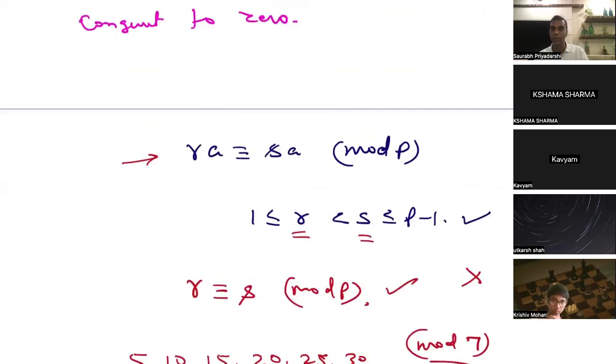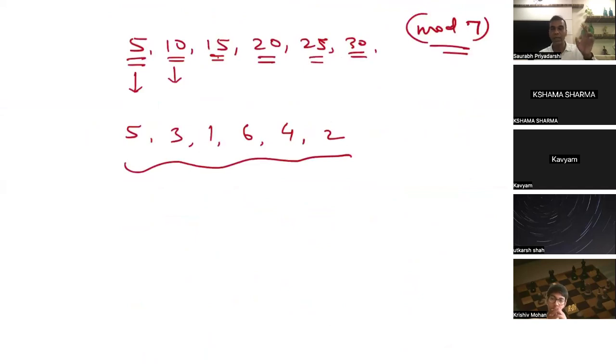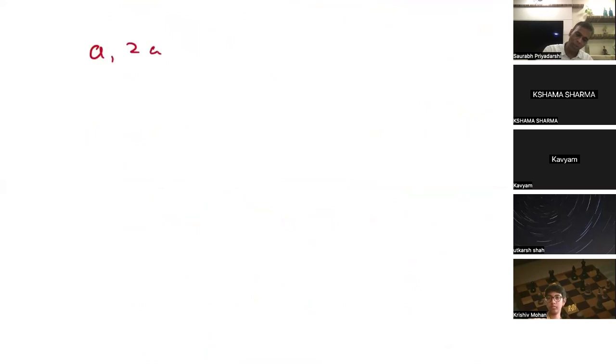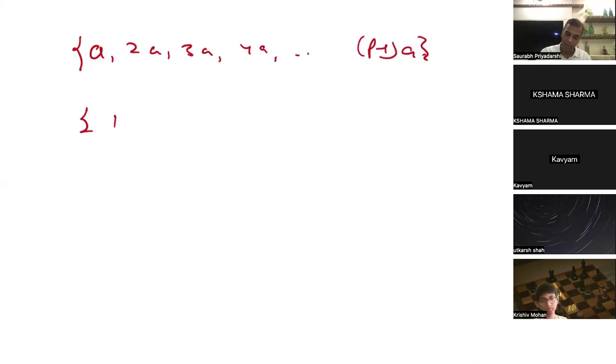So this is your answer. Every time we'll get the remainders 1, 2, 3, 4 up to P minus 1, not in the same order, but in some other order, always the same set of remainders.